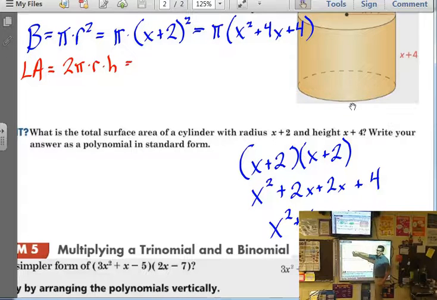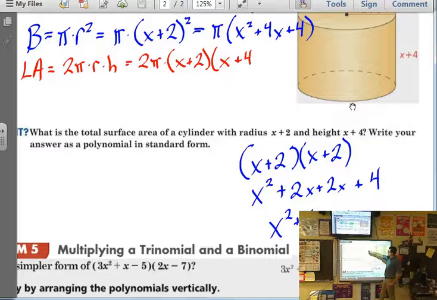So yeah, it's 2 pi times radius times the height. So you did 2 pi times the x plus 2 times the x plus 4. What did you get when you foiled these together? x squared plus 6x plus 8.